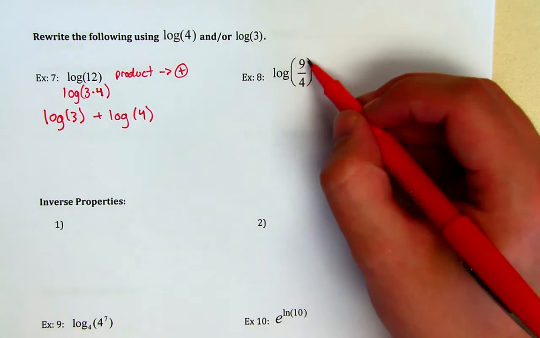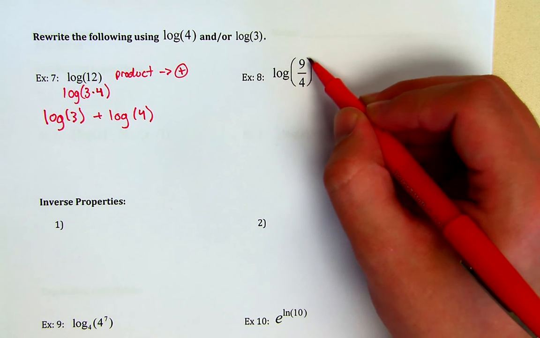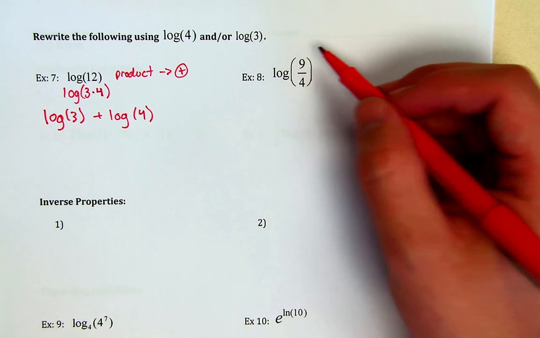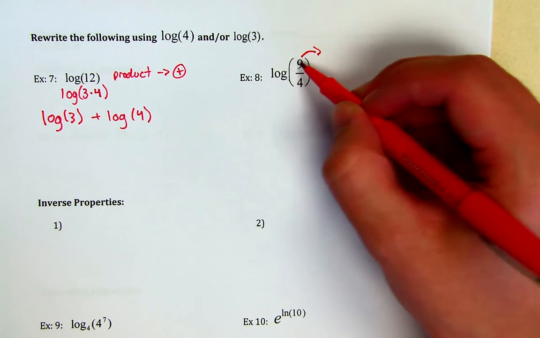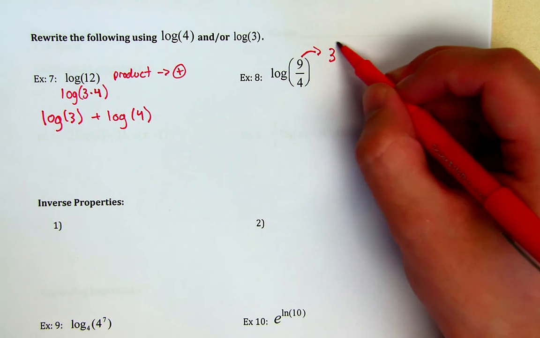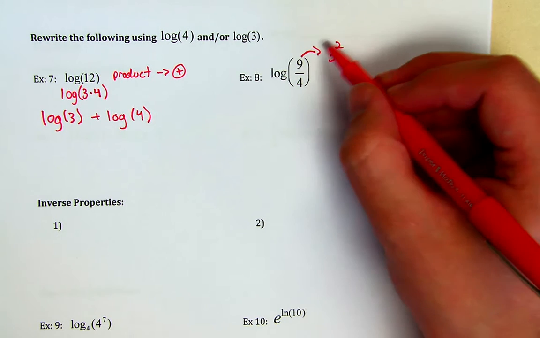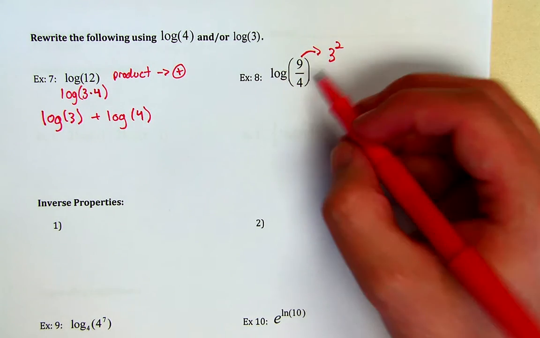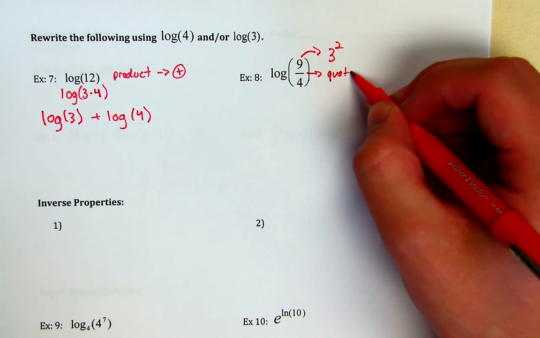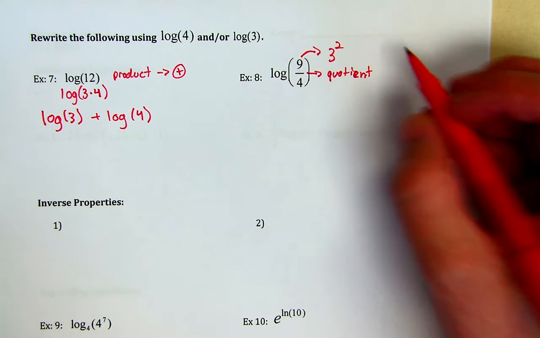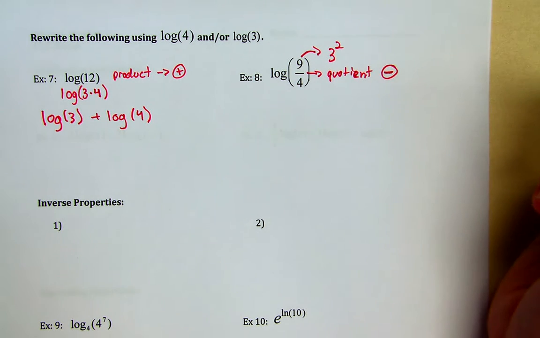8 is a little bit tricky. You're going to be tempted to say, hey, 9 is 3 times 3. You can, but it's not the neatest way to write it. You should rewrite it as 3 squared. And then you have that power rule going on. Division tells me, hey, I'm using a quotient, so I'm going to have to do some subtraction.